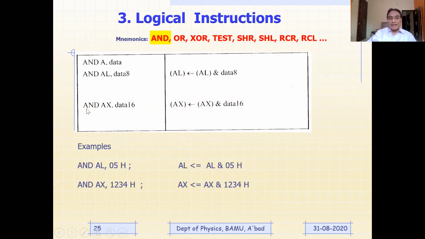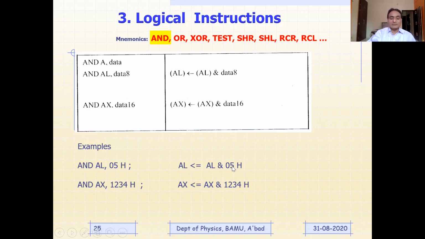Whereas in this case, AND AX comma data 16 means your target register is also 16-bit. Data has to be 16-bit. Therefore, the meaning of this instruction is that 16-bit data is going to be logically ANDed with AX and the result is going to be updated in AX. These are the examples. You can see AND AL comma 05. This is AL and the data is also 8-bit.